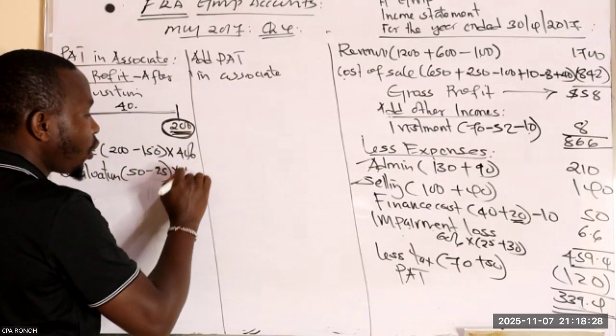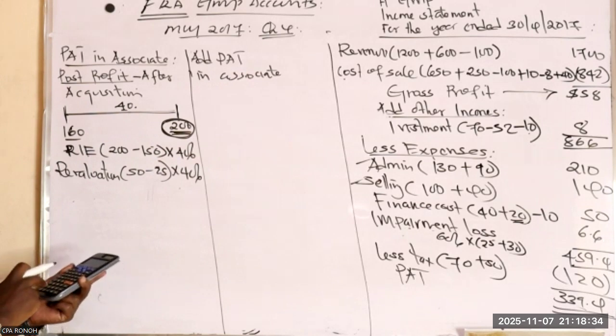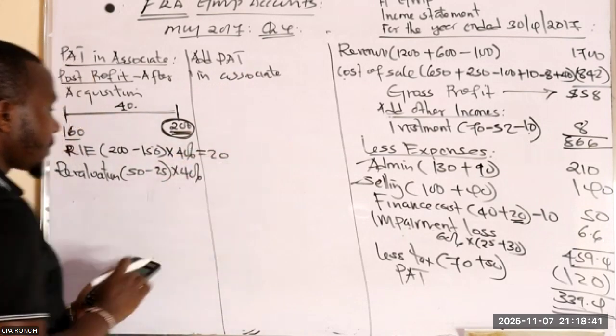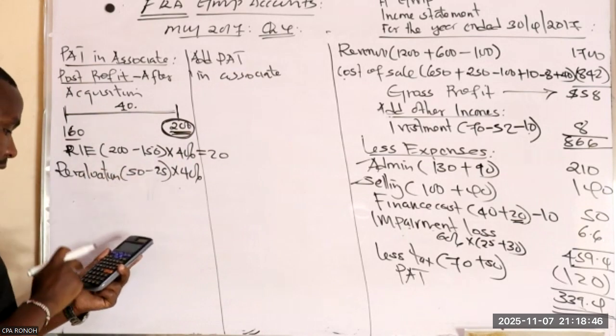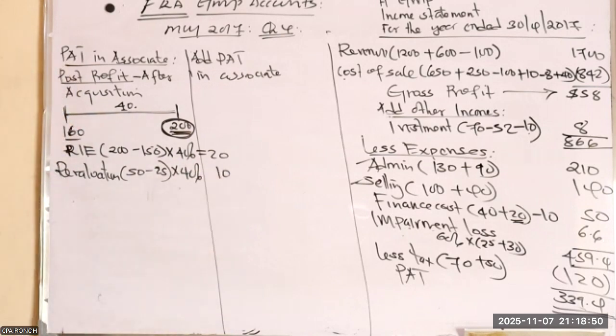So 50 multiplied by 40% gives us 20. This one again, 50 minus 25 gives 25, multiplied by 40%, it will give us 10.